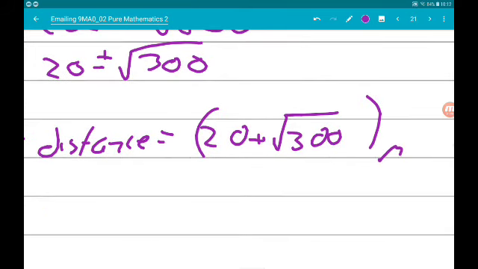So they haven't said to give it 20 decimal places, but if we wanted to, we would get 37.32 meters. Cool.